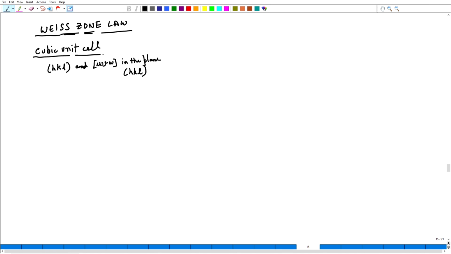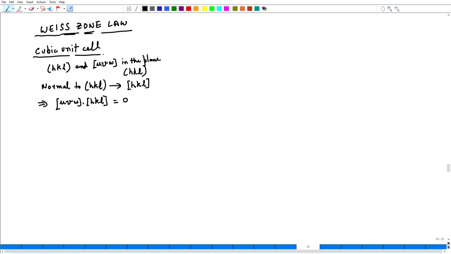And we have seen from the previous lecture that the normal to HKL is the direction with the same indices HKL, which implies that the vector UVW dotted with HKL should be 0.